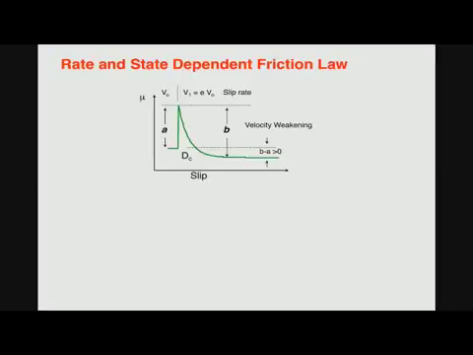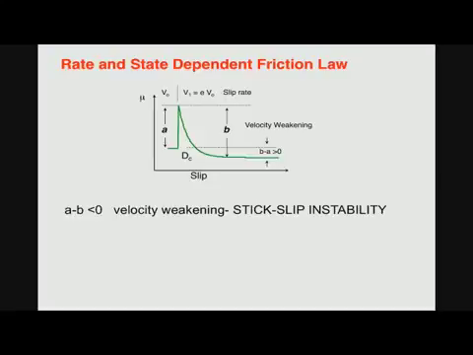So if a is less than b, and you end up with a friction that's less than what you started with, then you will have stick-slip behavior, and you can generate earthquakes. That's known as velocity weakening, because as you increase your velocity, your fault is actually becoming weaker. So a minus b less than 0: velocity weakening, stick-slip, earthquake generation.